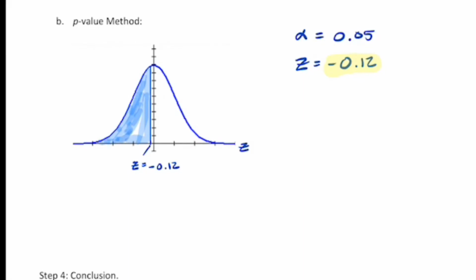Just like we did before all the hypothesis tests, we're finding the probability that Z is less than negative 0.12, but we have to double that, don't we? Because we're doing a two-tailed test, right?